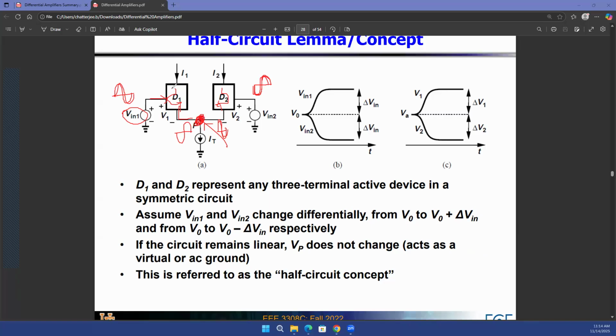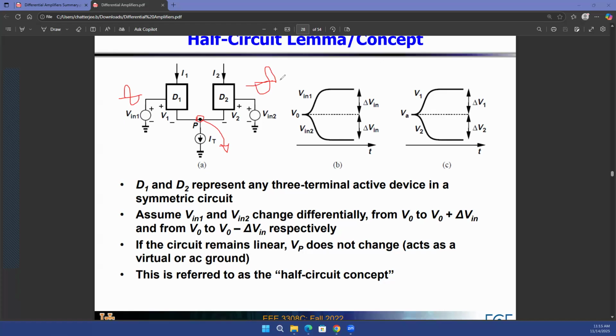Just because you have a source follower action happening on the left side branch and another source follower action happening on the right side branch. So the point P, this midpoint over here, has zero AC voltage. That is another way of saying that this is AC ground. So in a differential circuit, that common point between the left side and the right side branch is going to be an AC ground if your V1 and V2 are exactly differential versions of each other.